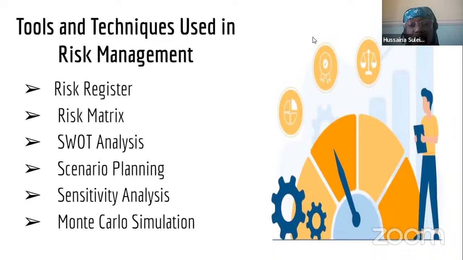Then we have SWOT analysis. SWOT represents strengths, weaknesses, opportunities, and threats. So for any business or project you're handling, SWOT analysis can also help in risk management. By identifying the strengths of a business, you can know your advantage over others.